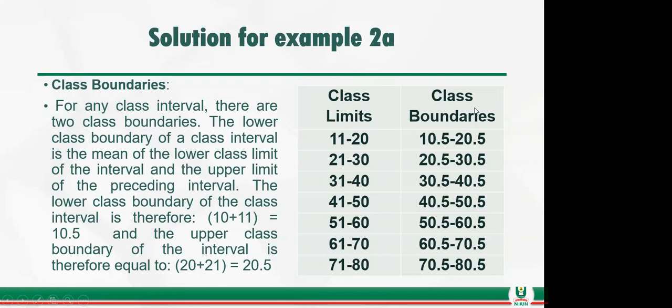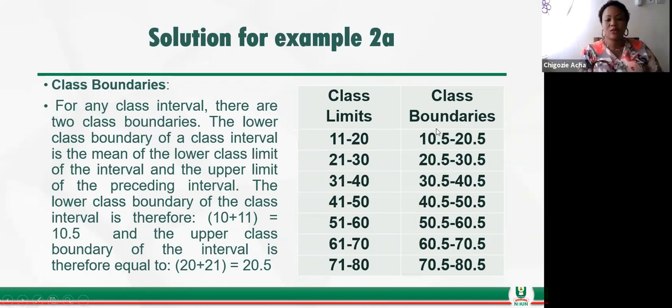We are telling you that the lower class boundary of a class interval is the mean of the lower class limit. Do you know what the mean is? You add the upper class limit of the previous class to the lower class limit, and divide by 2.